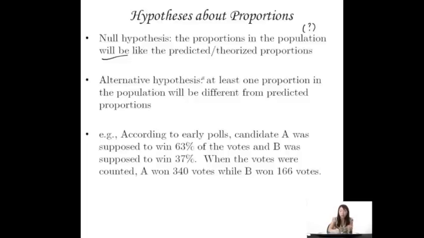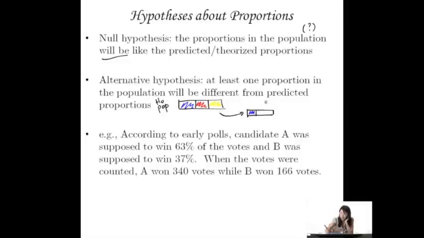Alternatively, you want to say at least one of the proportions in the population will be different than predicted, right? So going back to our example, if our hypothesized population is something like one third, right? Maybe what we'll find is something like, in our sample, we'll have 1/3 blue, right?